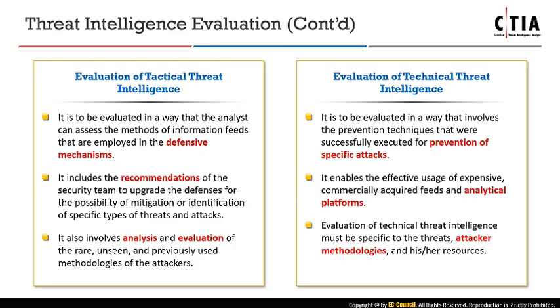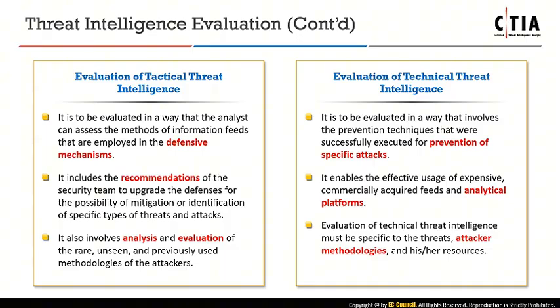All right, so we have strategic, the now. We have operational, the upcoming. We have tactical, defensive, and then we have technical, which is preventative. So what we want to do is prevent the attack. We want to make sure that no attack is successful in being executed. So this is about the prevention of specific attacks.